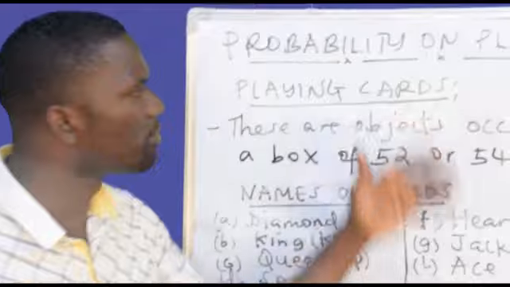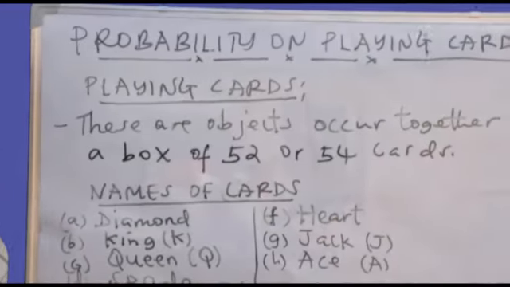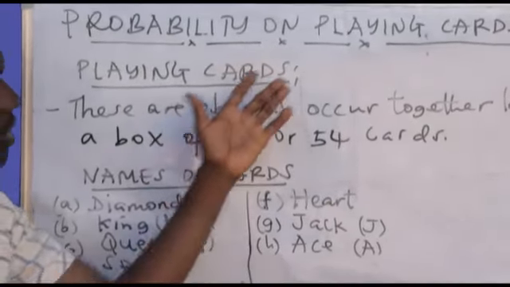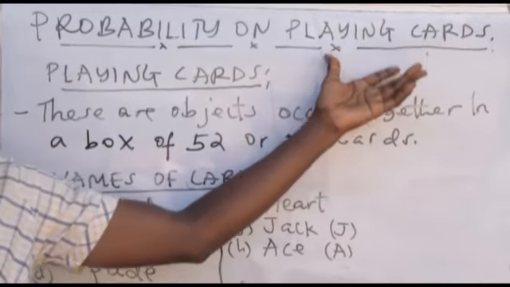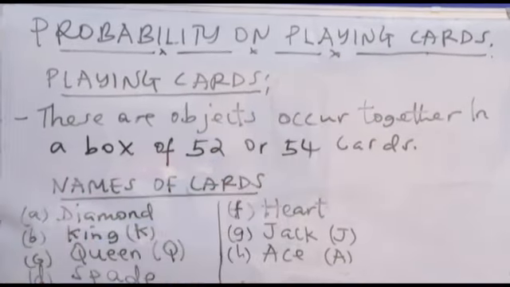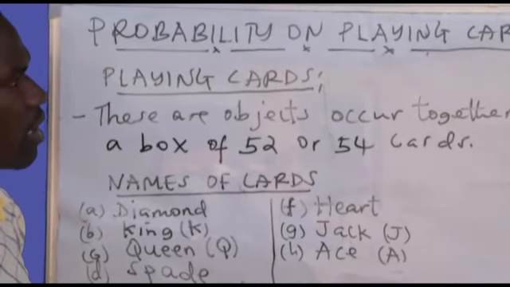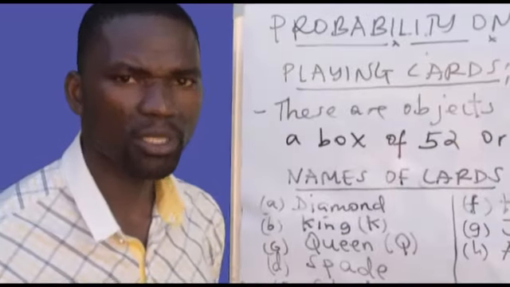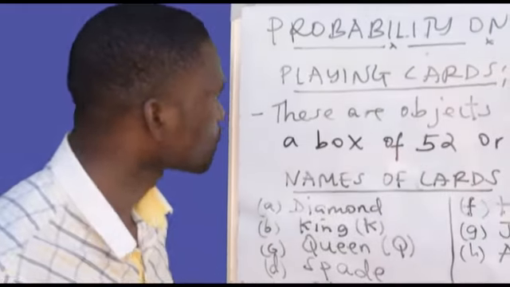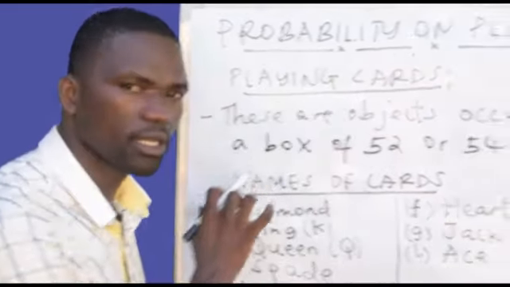Probability on playing cards. Again, first of all, what we need to understand is what playing cards are, so that we can do prediction on what is going to happen with playing cards. So what is a playing card, by the way?